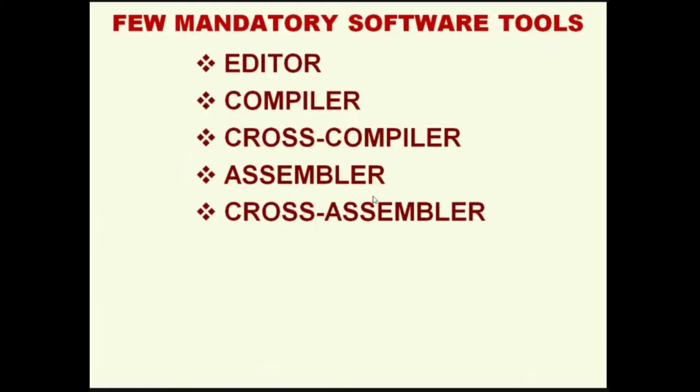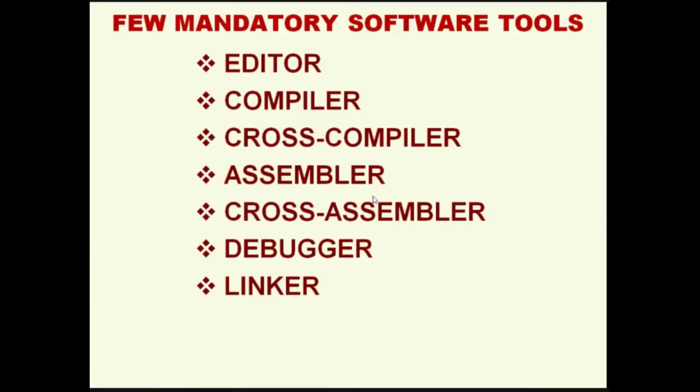When we write a C program, it is converted to the object file. When we write an assembly language program, it is converted to the object file with the help of the assembler. There is another tool called debugger, which, as we all know, identifies syntax errors and notifies where the error has occurred. And there is another tool called linker. There are header files, C files and assembly files which produce object files.